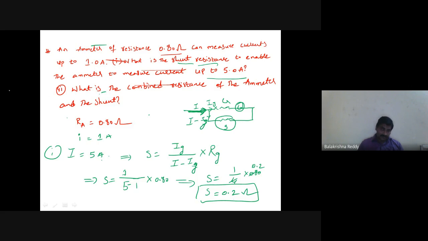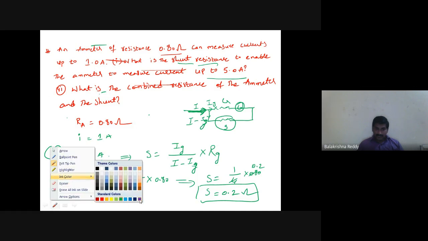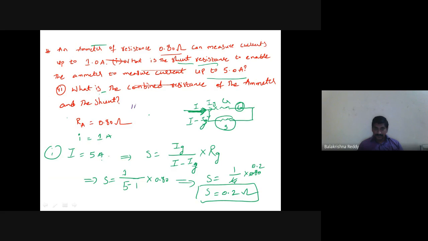Now, the same way, I will do the second question. What is the combined resistance of the ammeter and the shunt? That means the total resistance. To the galvanometer we set 0.8 ohms, and to the shunt 0.2 ohms.